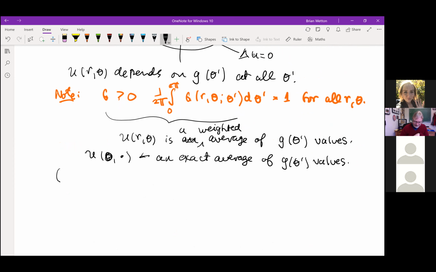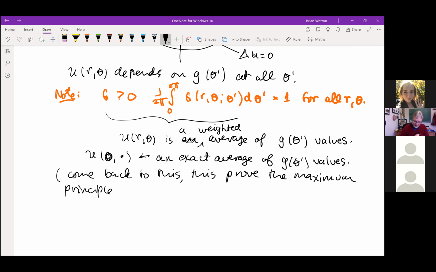And we'll come back to this either in a lecture or an assignment question. This will prove the maximum principle for the Laplace problem. So that's for any domain. The maximum value of the solution has to appear on the boundary. So you know what the maximum value of the solution is going to be because you've given the boundary data.